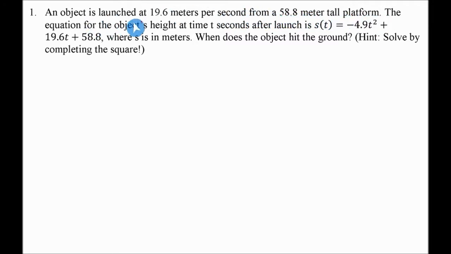The equation for the object's height at time t seconds after launch is S of t, so this S of t represents the position of whatever this object is that is being shot after t seconds. So that could be 2 seconds, 3 seconds, 4 seconds. It could be many different times that we plug into this equation. But the position is equal to negative 4.9 t squared plus 19.6 t plus 58.8, where S is in meters.